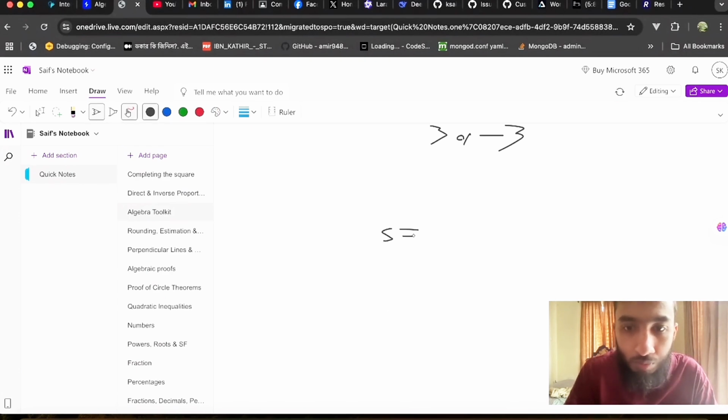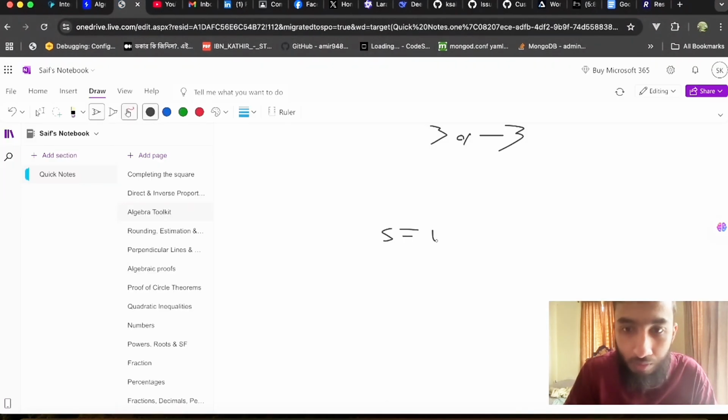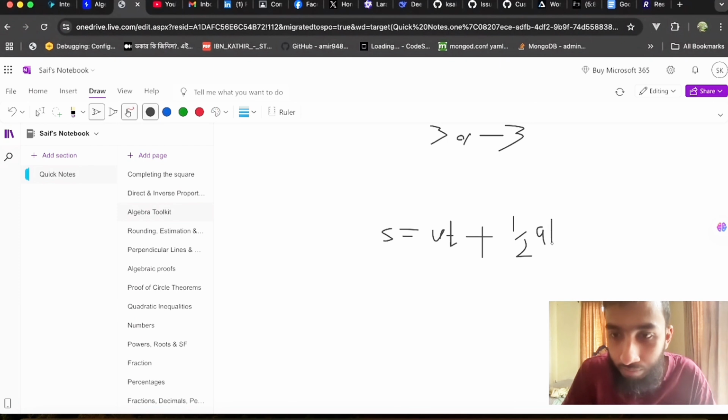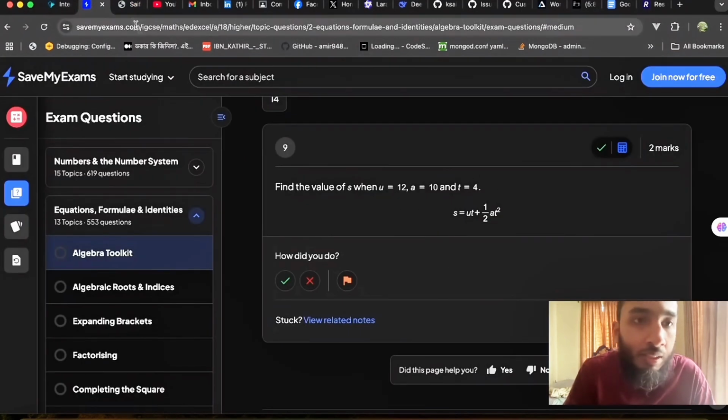So if I write the equation, s is equal to ut plus half at squared. Ut plus half into a t square. So you have to find the value of s when u is 12, a is 10 and t is 4.